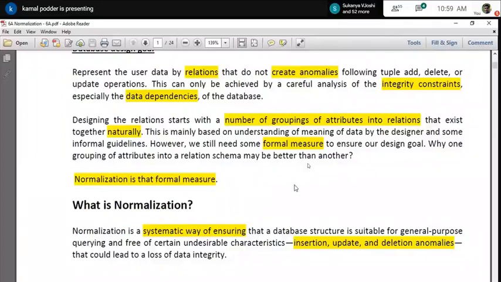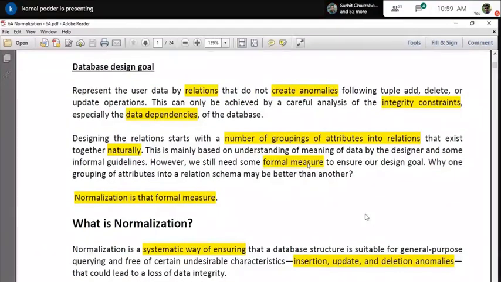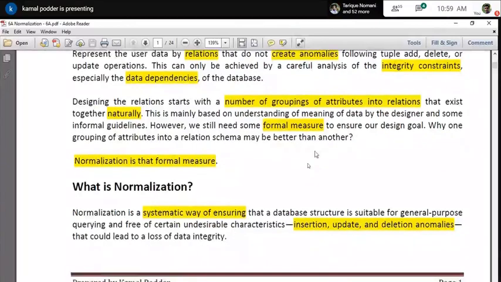So this is mainly based on my understanding. Now there should be some formal measure to find out how we can ensure the design goal. That means, as the attributes are naturally in a group, it does not mean that you can take all the attributes and create a table.